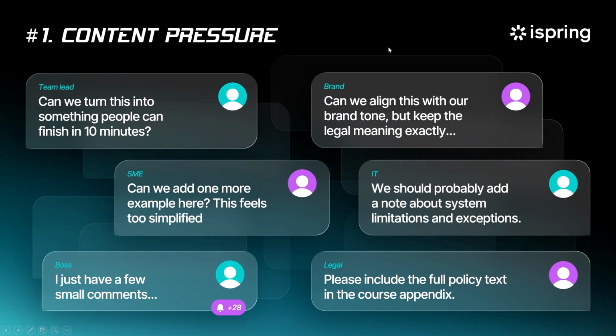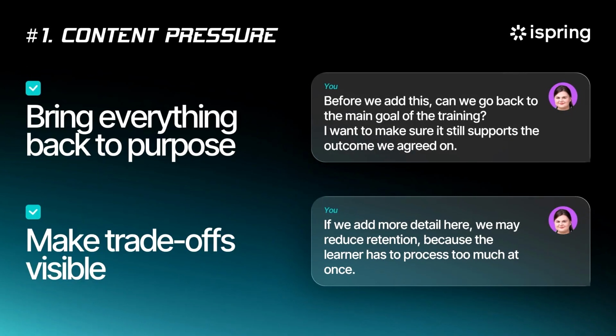Okay. So when you have a lot of comments, a lot of messages about how to change something, how to update, especially when we go into very fine details, like some comments about let's rephrase it, let's change a word, what we need to do to get back on track is, first of all, bring everything back to purpose.